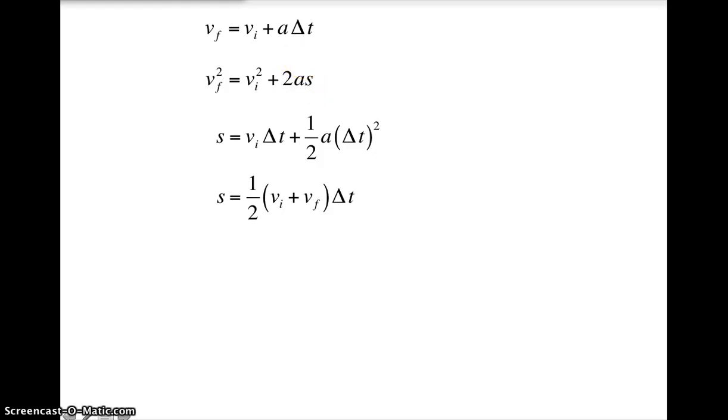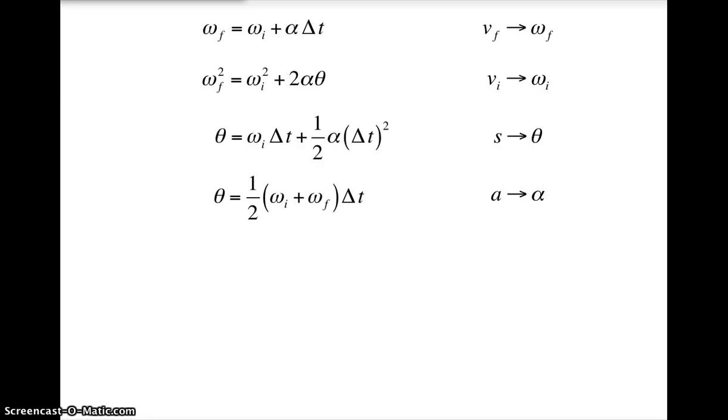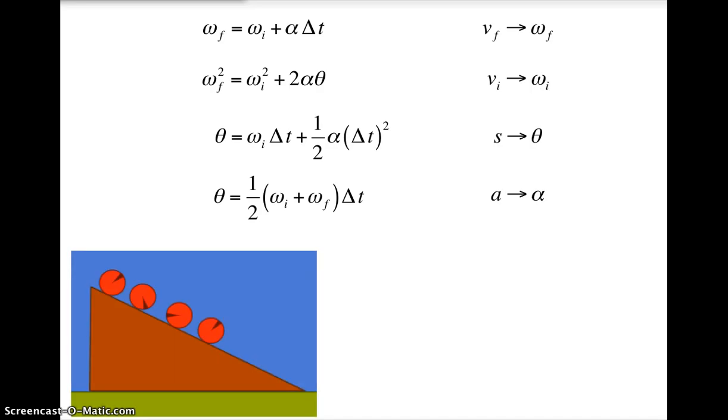When we're talking about the angular quantities, we could easily talk about the final angular speed, the initial angular speed, the angular displacement, and the angular acceleration. And so the equations that we have on the left for linear motion are also true for angular motion and angular acceleration.